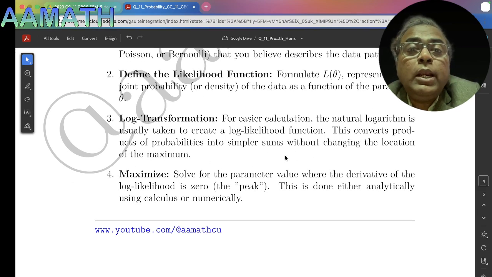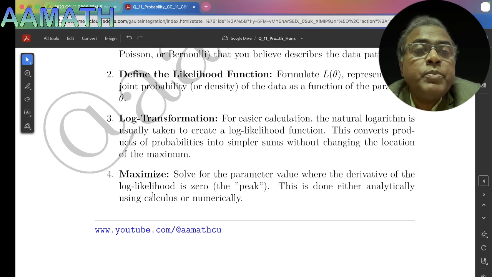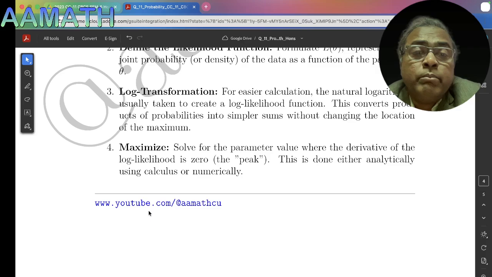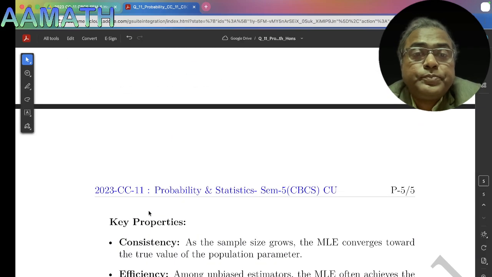So L and log L to the base e have the same maximum or minimum. Maximize: solve for the parameter value where the derivative of the log likelihood is 0, that is the peak. This is done by first order derivative equal to 0, either analytically using calculus or numerically. Here we calculate analytically, by the knowledge of calculus.